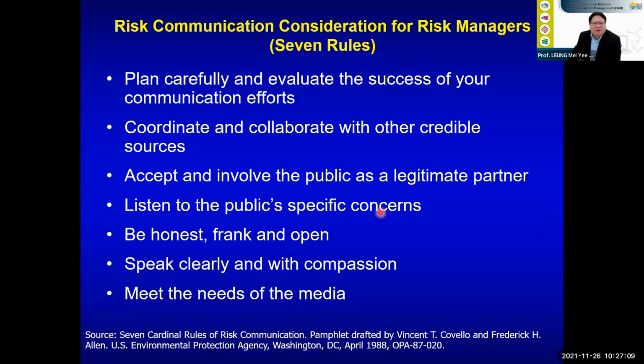Listen to them, okay? Be honest, frank, and open. Never say no comment, because no comment has a hidden agenda, and then you will reduce the trust between the citizen and the authority. Speak clearly with compassion, meet the needs of the media and the society.